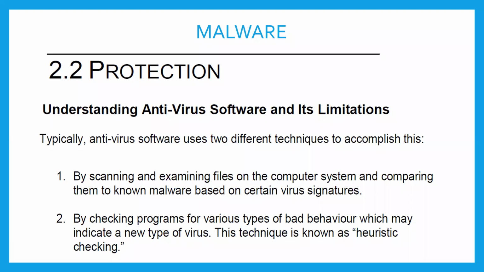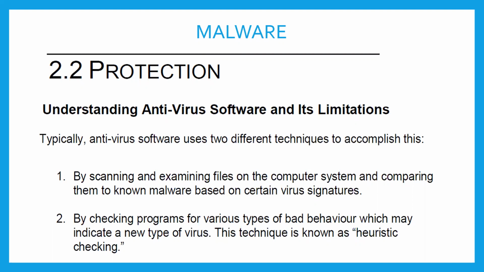So this time, we need to understand antivirus software and its limitations. Again, antivirus software identifies and eliminates various malware by scanning files in your computer system. So it is important to have antivirus software installed on your computer to reduce the threat of malicious and damaging threats to your information and work.